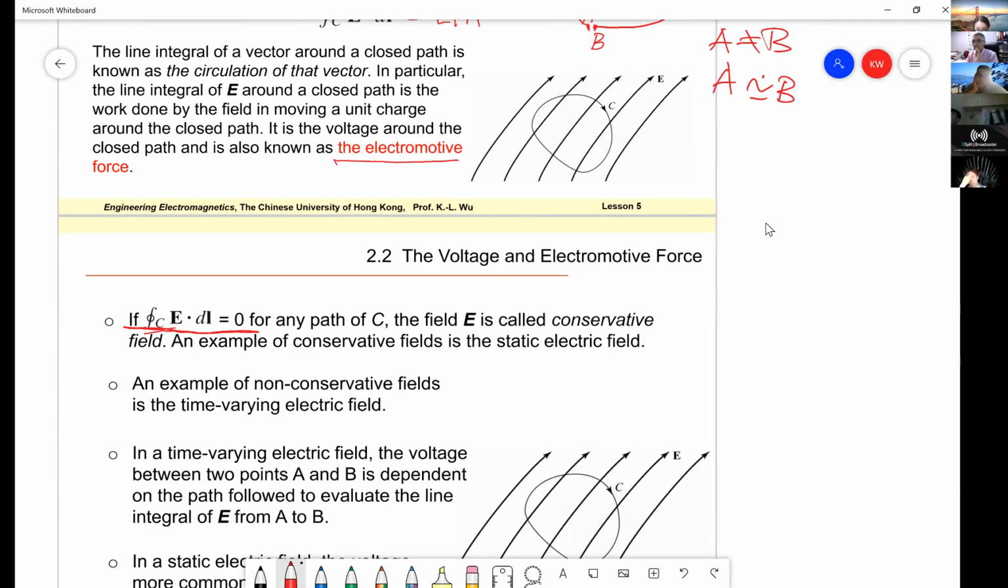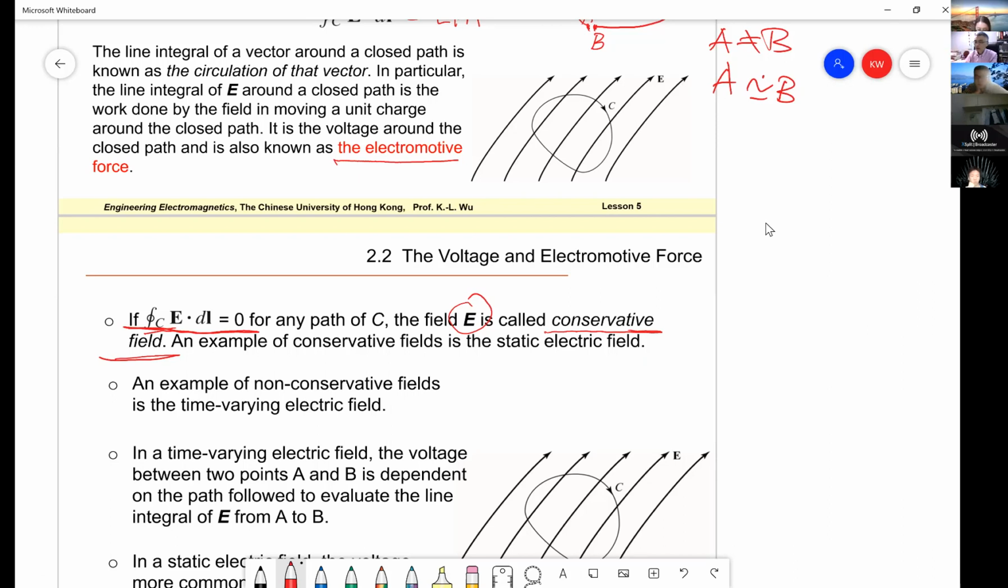If the field doesn't change with time, we call such an electrical field a conservative field. A conservative field is one where moving a charge in a closed loop doesn't take any work.